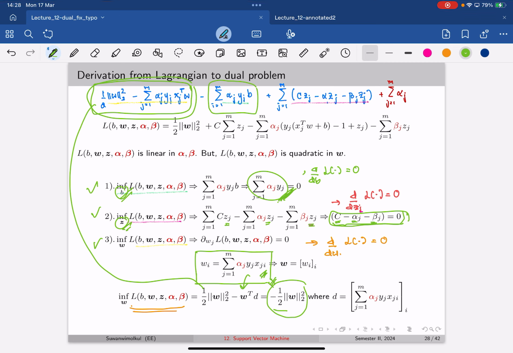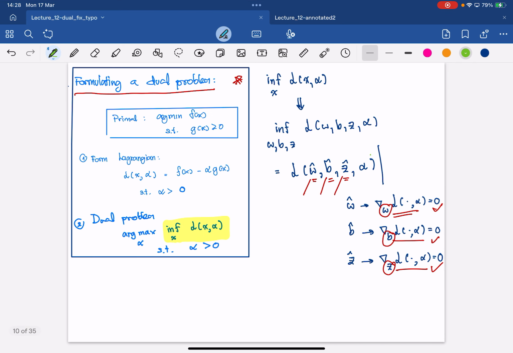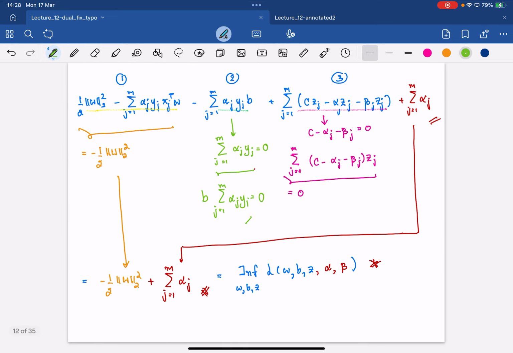So after you have the values of B and Z that cause the zero gradient, you plug them back into your Lagrangian function, just like what we say here. For the first term, all the terms corresponding to W are equal to minus 1/2 the W square.